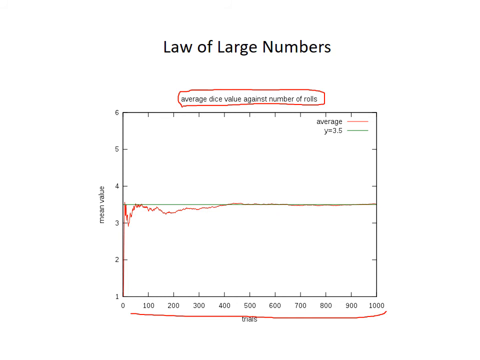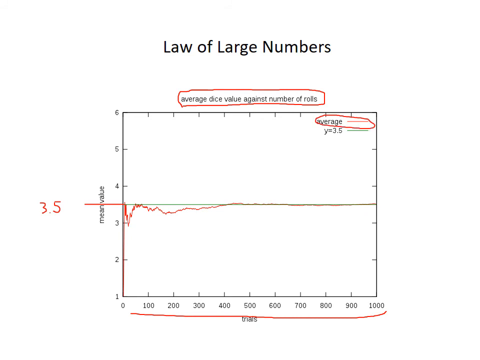The long-term average, the numerical expected value for one roll of the dice, is 3.5. If you average 1, 2, 3, 4, 5, 6, you get 3.5. It doesn't matter how many rolls of the dice, the average value is expected to be 3.5.